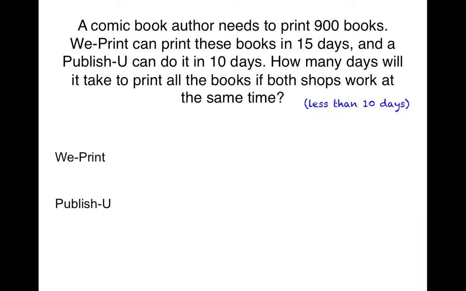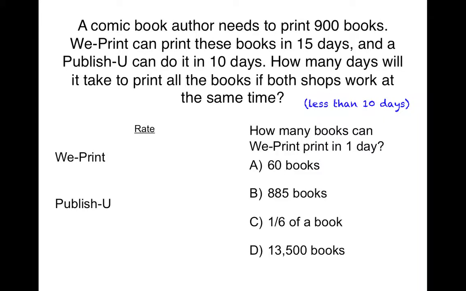Once again, we'll work with their rates of production. How many books can WePrint make in 1 day? 60 books. 900 books over 15 days means that they are printing 60 books a day.